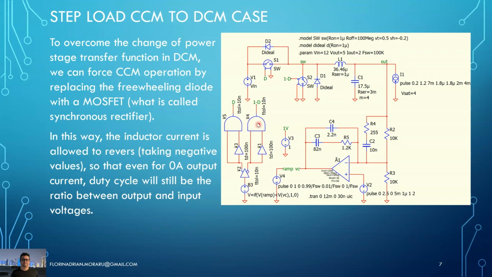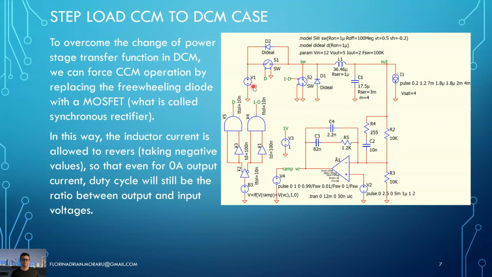So what I did here with this very simple structure of gates and buffers, I simply generate two control signals, because here we have the PWM for the buck switch or MOSFET, and here we need to have the negated signal, but with some dead time in between. So we don't want to have both switches conducting at the same time, because actually we are making a short circuit across the input voltage.